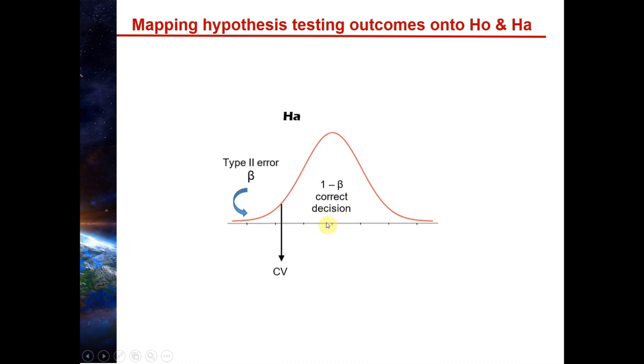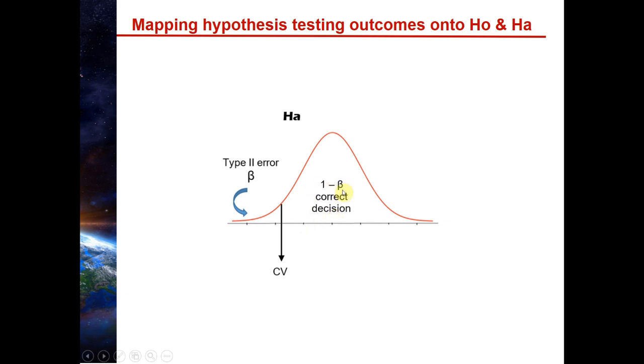In other words, saying that you have a treatment effect, and in fact, you do. This area here is where we want to be. We want to be in the area that says we've made a correct decision. So in order to be in this area, the first thing that has to happen is our test statistic has to be bigger than the critical value. And if it is, then there's a probability that we're in this correct decision part of the curve.